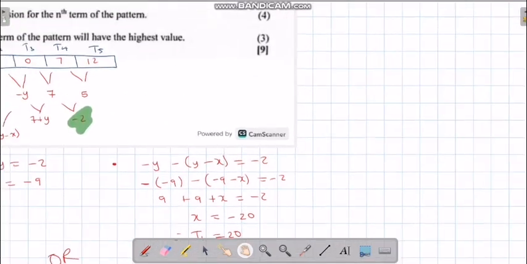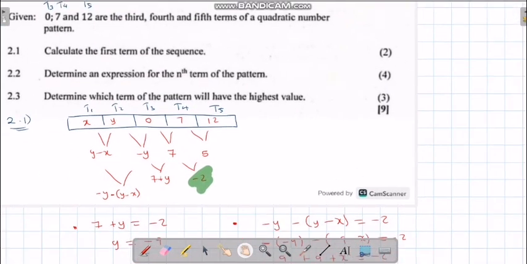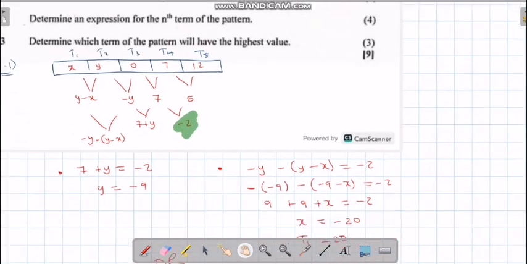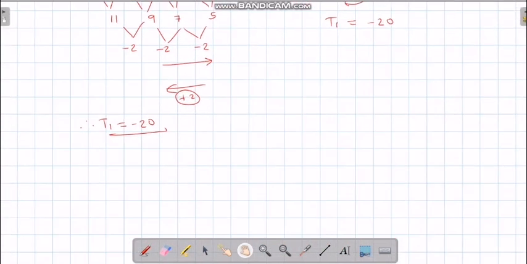Alright, so now let's check our next question. They're saying determine what? The general term. 2.2. The general term says Tn is equal to an squared plus bn plus c.